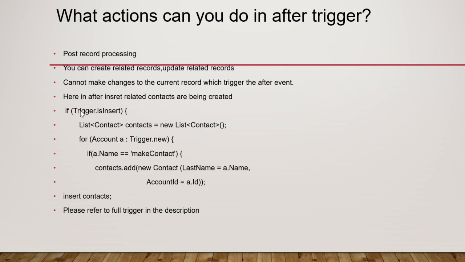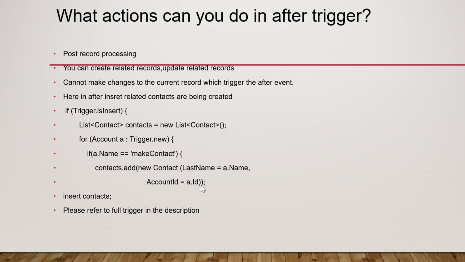Here is an example. After insert, trigger.isAfter, trigger.isInsert. I've not added the trigger.isAfter, you can assume that. Here it's a typical list of contacts, bulk processing, and then I'm going through the trigger.new, which will contain all my new accounts. I'm going to create a new contact for all these accounts and associate it with the current account.